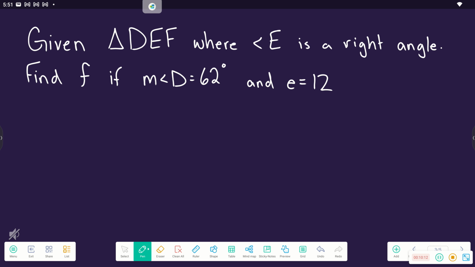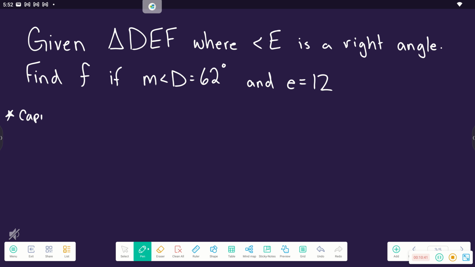Now, sometimes instead of giving you a triangle, they're going to explain to you a triangle. So we have a triangle, DEF, where angle E is a right angle. We need to find F. If the measure of angle D is 62 degrees and E is 12. Now, some quick things to note about when we're talking about triangles and how we notate them.